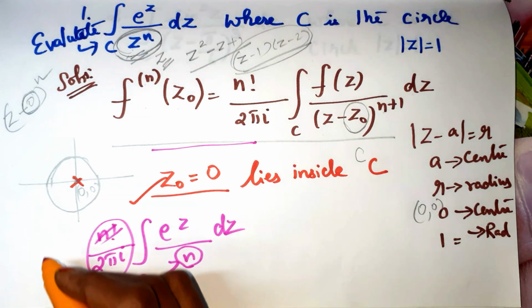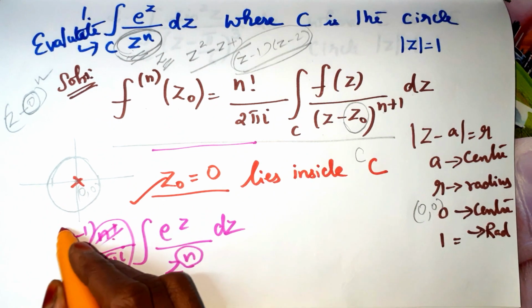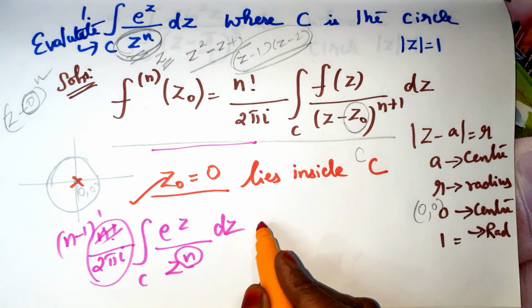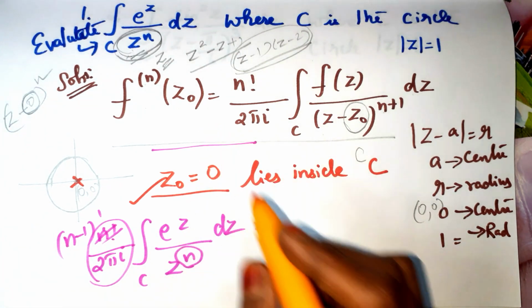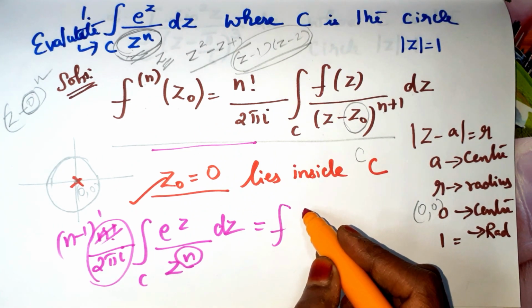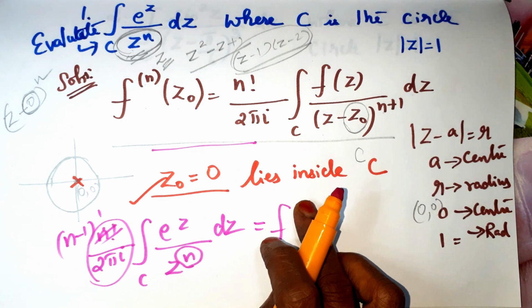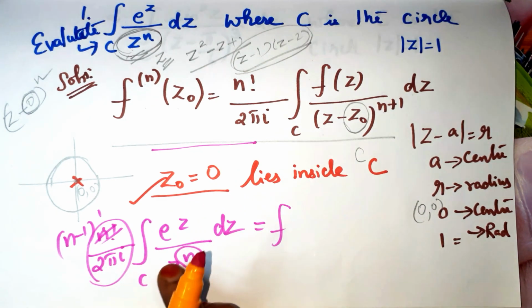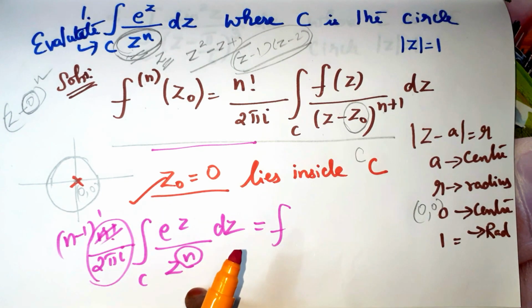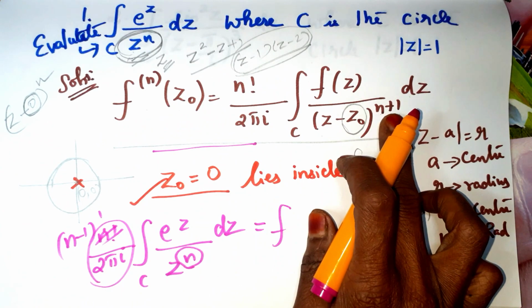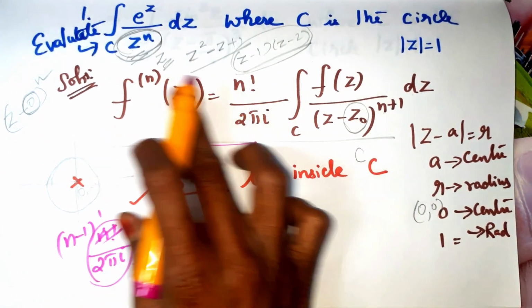If I have n minus 1 factorial by 2 pi i integral over C e power z by z power n dz, using the above formula, we can write this as f. What number will come here? The value should be 1 lesser than here, right? These two are same.